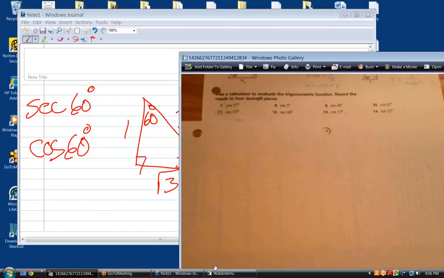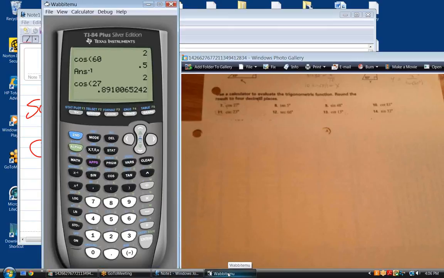All right. Okay. So do you have your calculator there? Yeah. What's the tangent of 5 degrees? .087. Round that off to 4 decimal places.